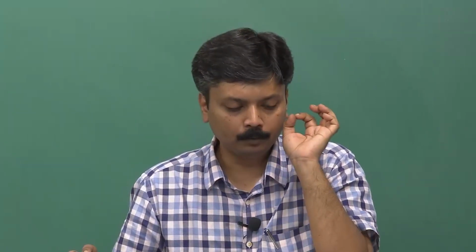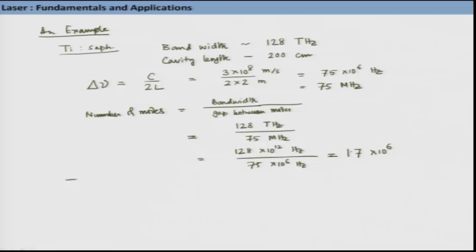I have found out delta nu, so I can easily figure out t. The time gap between pulses, t, equals 1 upon delta nu, which equals 1 upon 75 megahertz, and if you calculate this, the final value will be 13.3 nanosecond.